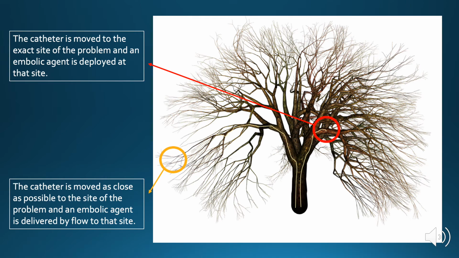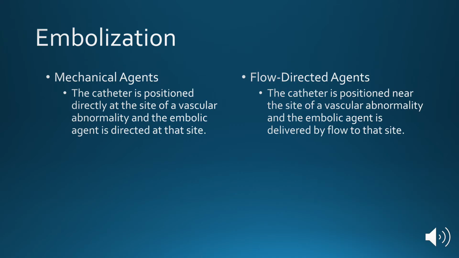So I like to classify embolic agents as being either mechanical agents or flow-directed agents. For mechanical agents, we position the catheter directly at the site of a vascular abnormality, and then we deploy an embolic agent directly at that site. For flow-directed agents, we position the catheter near the site of the abnormality and then let flow deliver the embolization agent to that site.